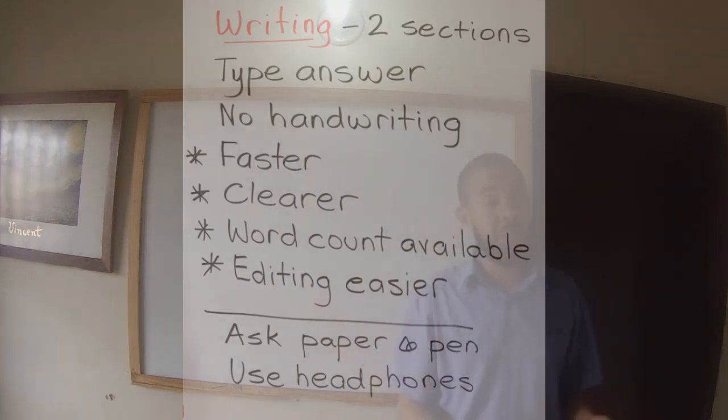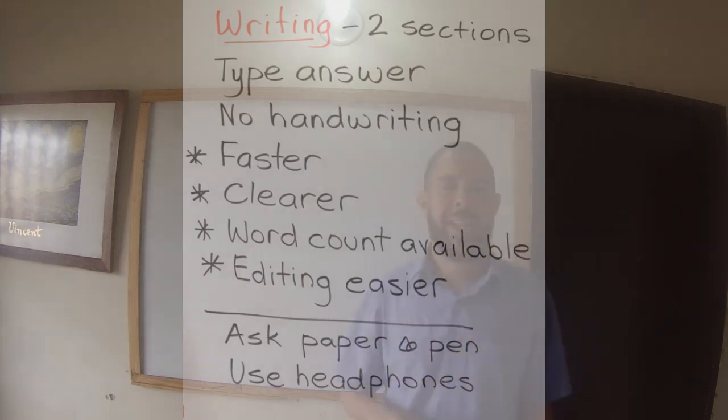And there is another thing that is really important in the CDT test. That is a word count feature, right? You can type your writing, and you can count the words. And editing is easier, as you can see here. You can also ask for paper and pen.